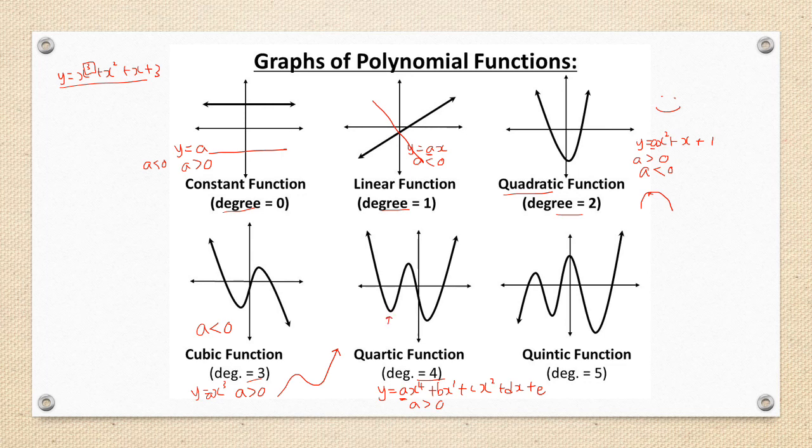You can see you have 2 minimum points and 1 maximum point. If a is smaller than 0, you have this kind of graph. Everyone loves this, this is McDonald's actually. Now, quintic functions, we will not go into this.